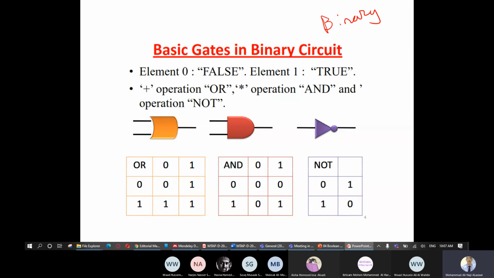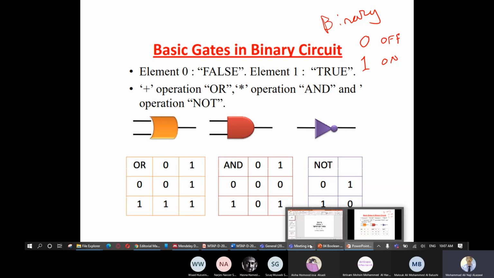Why binary? Because binary means I have only 0 and 1, and 0 is off and 1 is on. And these are the main states of any electronic devices.